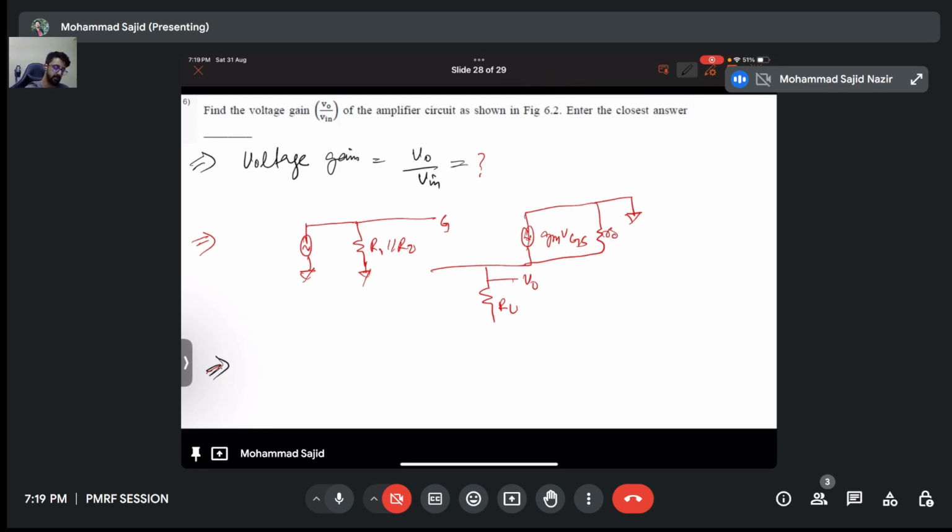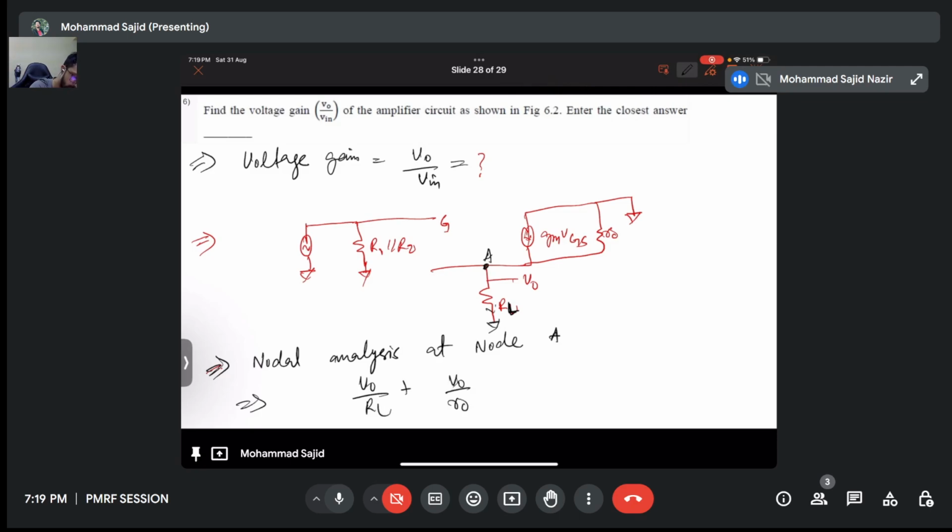Do the nodal analysis at node A. We get V naught by RL plus V naught by R naught.